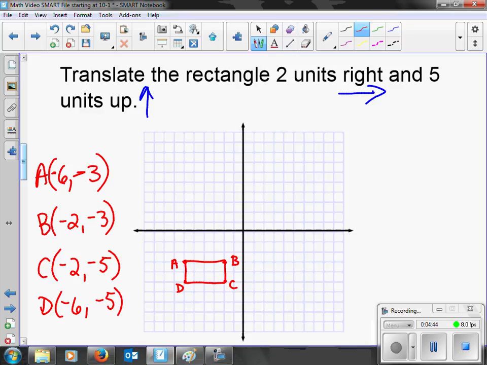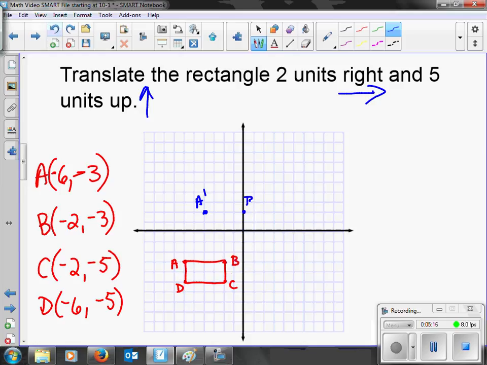Okay, so now we get the new points. We're going to the right 2 spaces and up 5. So to the right, 1, 2, and then up 5, 1, 2, 3, 4, 5. Okay. So A prime is there. Remember, prime is the new image. B goes over 2, 1, 2, and then up 5, 1, 2, 3, 4, 5.